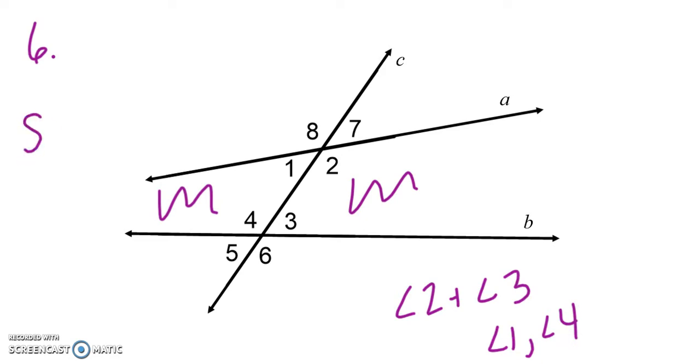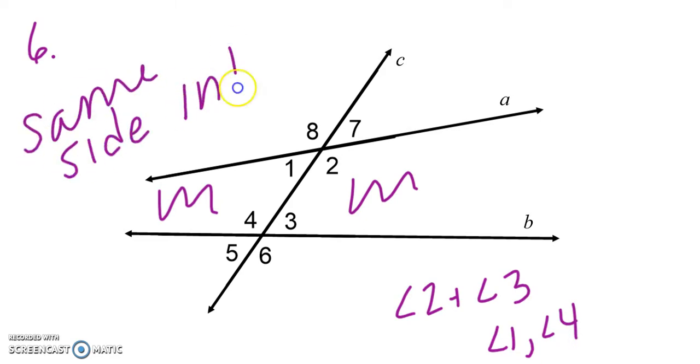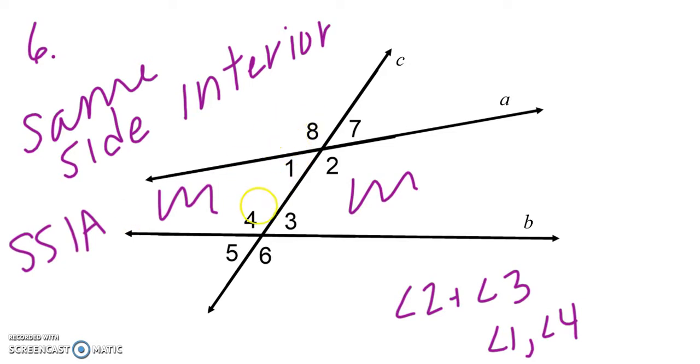And they are same side interior. Your textbook might also call them consecutive interior angles. I'm going to abbreviate it as SSIA, and that's what we'll use in the class. So it's same side interior angles, 1 and 4, 2 and 3.